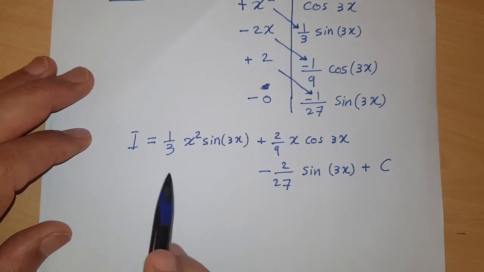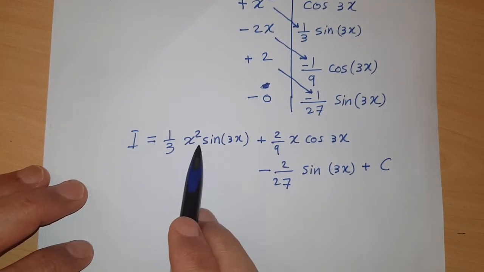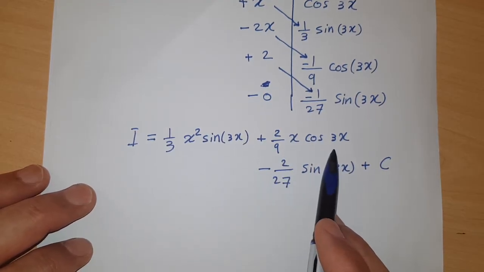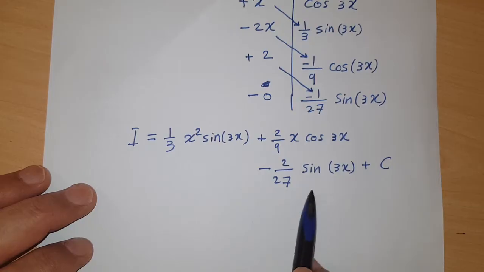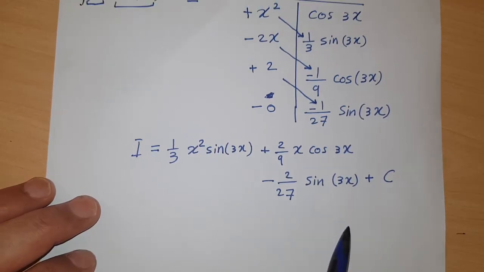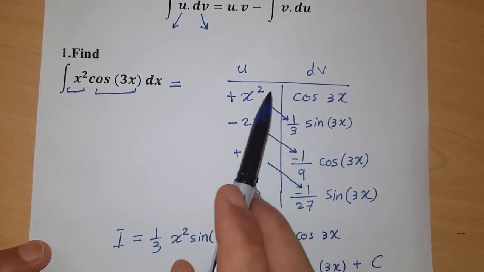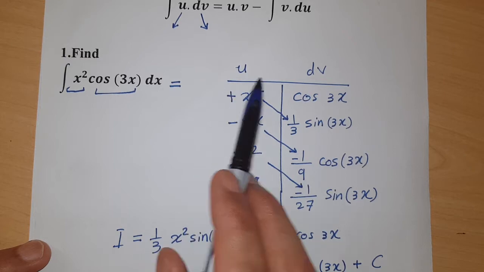Okay, this is the answer: 1/3 x squared sine 3x plus 2 over 9 x cosine 3x minus 2 over 27 sine 3x plus c. This method is called the tabular method. The word tabular comes from making a table like this between u and dv.